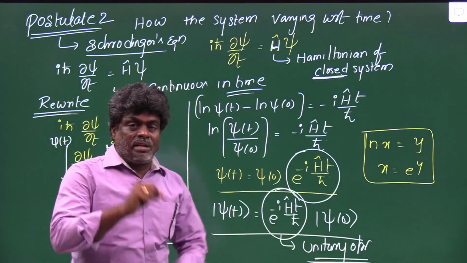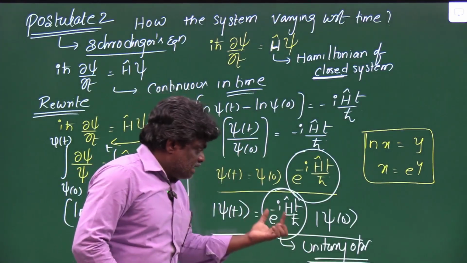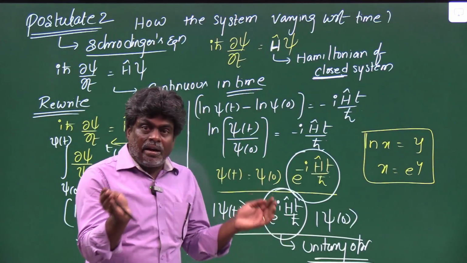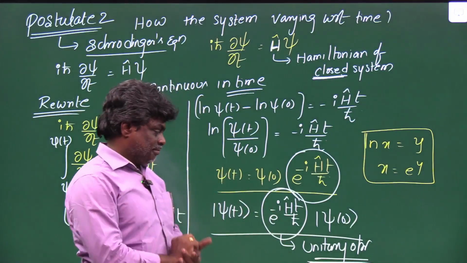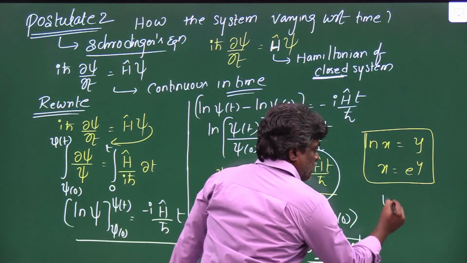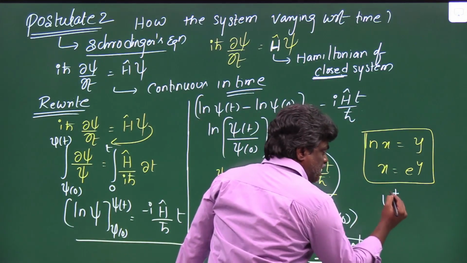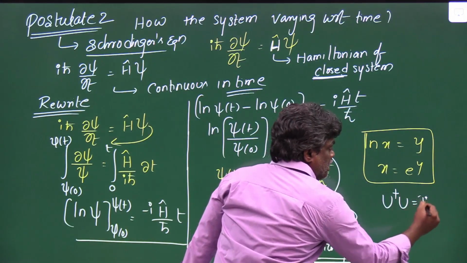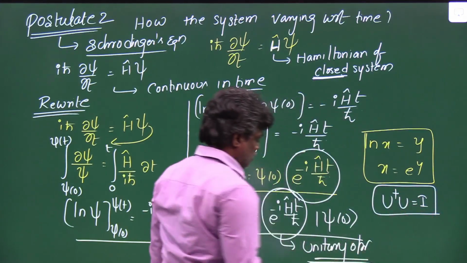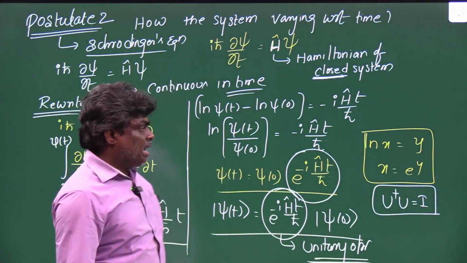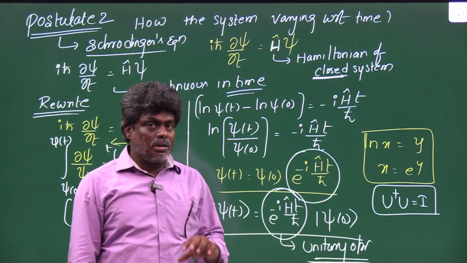How do you know, sir, it is a unitary operator? Take it and apply dagger and multiply, you will get 1. That means a unitary operator, U dagger into U equal to I is called unitary operator.